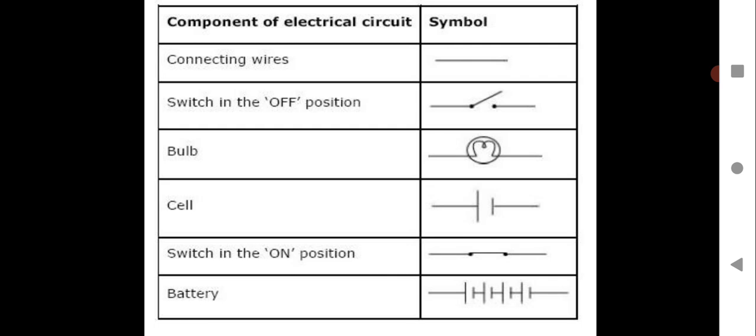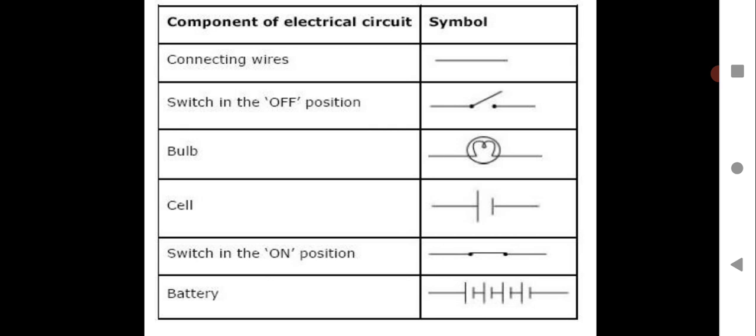A cell consists of a positive and a negative terminal. The positive terminal you have to show with a bigger vertical line, and the negative terminal by a smaller vertical line. So that makes one cell.